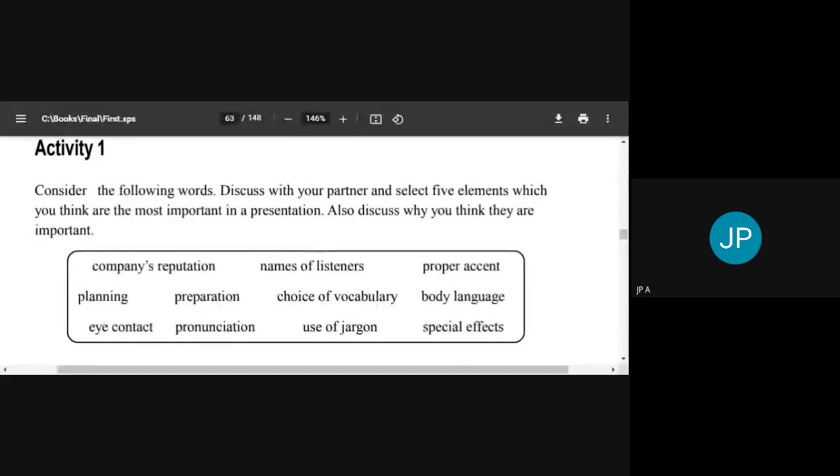The next important thing is body language. Body language means the way you stand, the way you use your gestures, the way you walk.